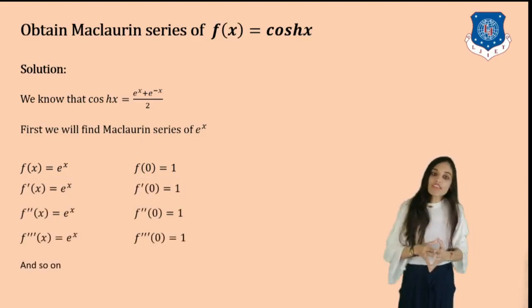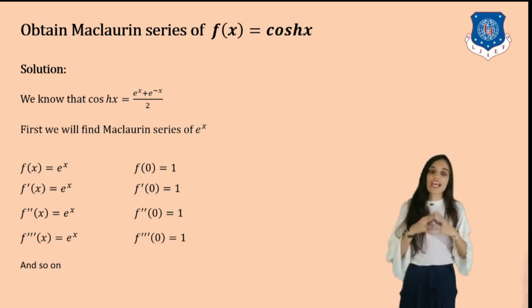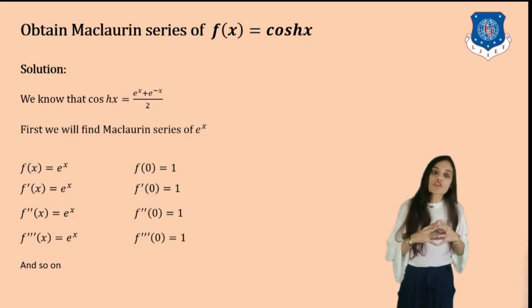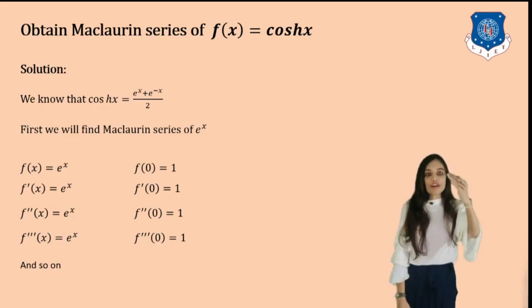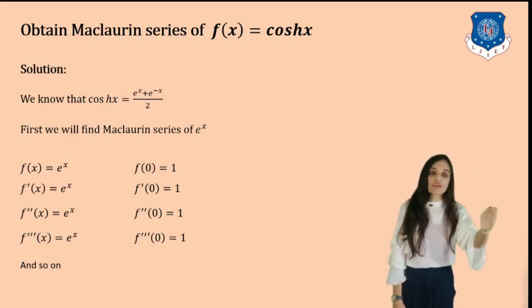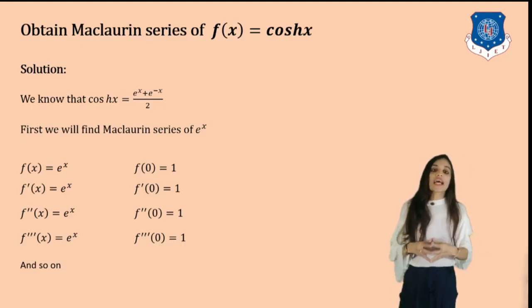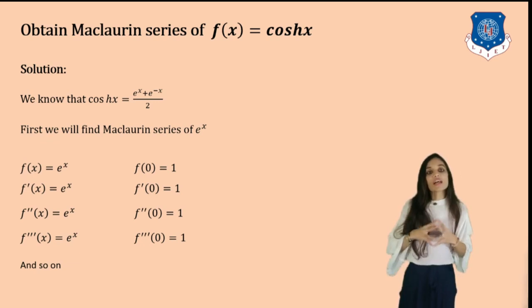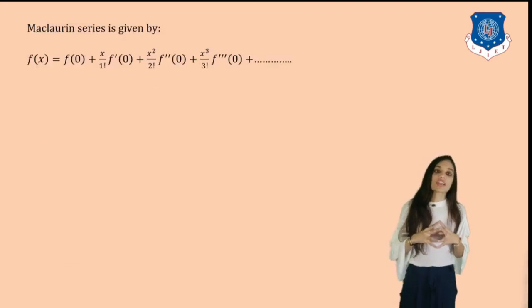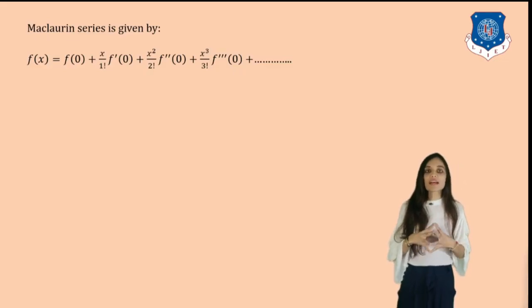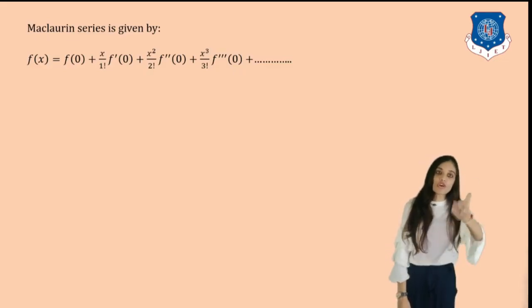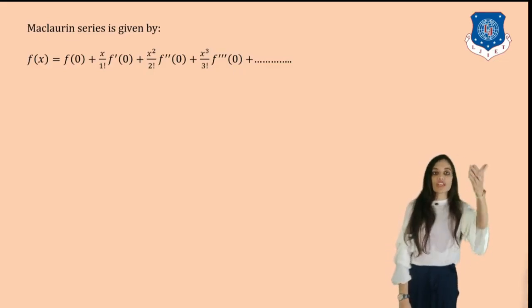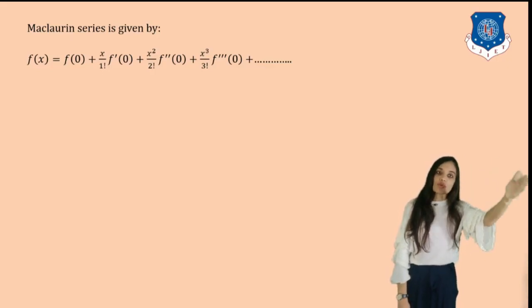In every function and derivative, we will put x as 0 because we have to find the Maclaurin series. So f of 0 is 1, f dash of 0 is 1, f double dash of 0 is 1 and so on. Every derivative will be equal to 1. Now let us find the Maclaurin series of e raised to x. Maclaurin series is given by again f of x is equal to f of 0 plus x upon 1 factorial f dash of 0 plus and so on.